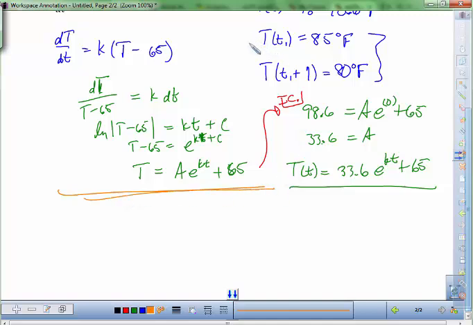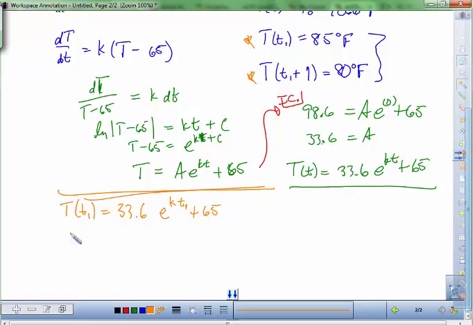So we'll use these other conditions. We have capital T of t sub 1 is equal to 33.6 e to the k times t sub 1. T sub 1 is an actual time now. This is when the body was discovered.